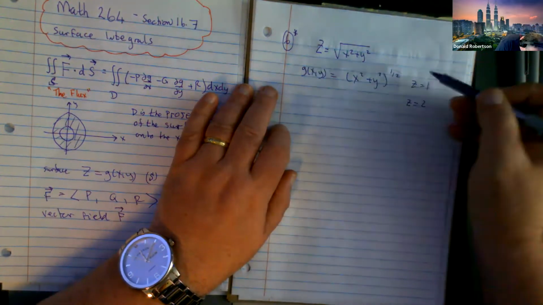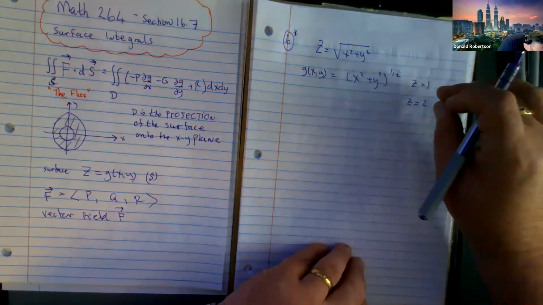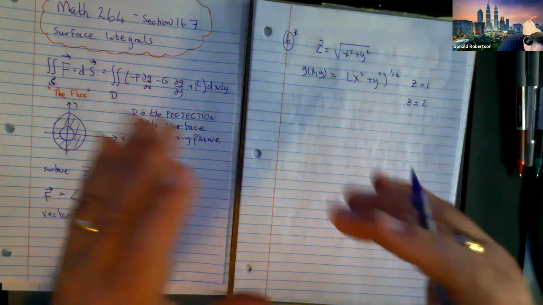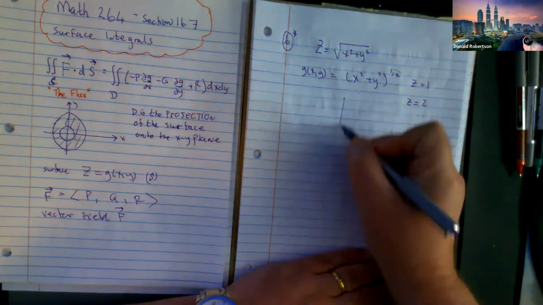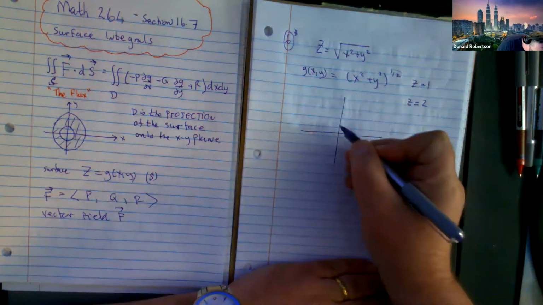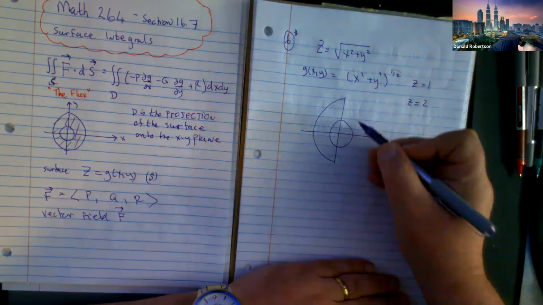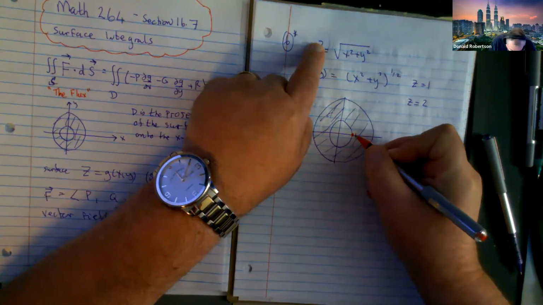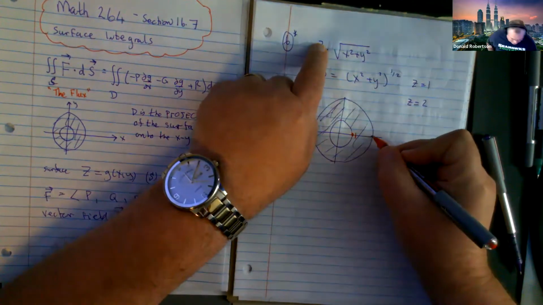If you project that shape, the picture that we had, you get a guy that looks like this. So if you made z equals 1, you get a circle of radius 1. And if you put z equals 2 in here, you get a circle of radius 2.